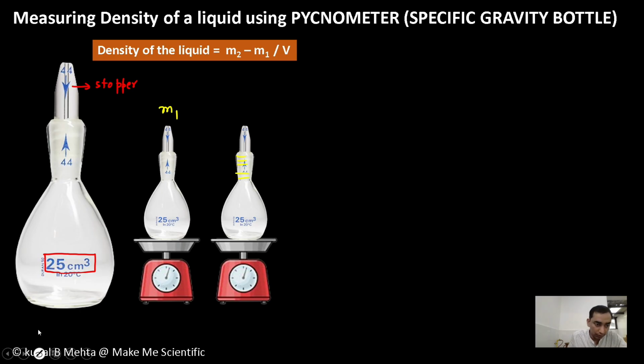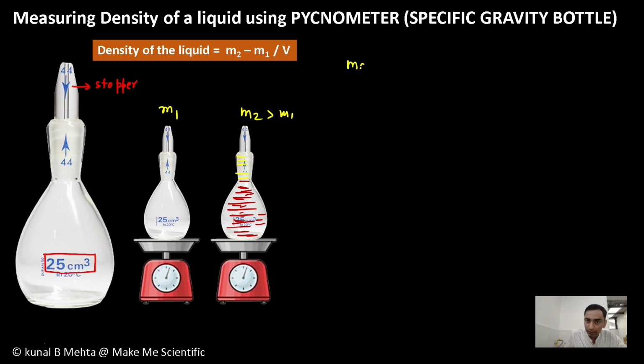Let me use another color. The liquid is filled completely. Then you insert the stopper into it. And then the new mass is M2. Of course, M2 will be larger than M1 because compared to the empty picnometer bottle, or the specific gravity bottle or relative density bottle, you have liquid inside it, right?